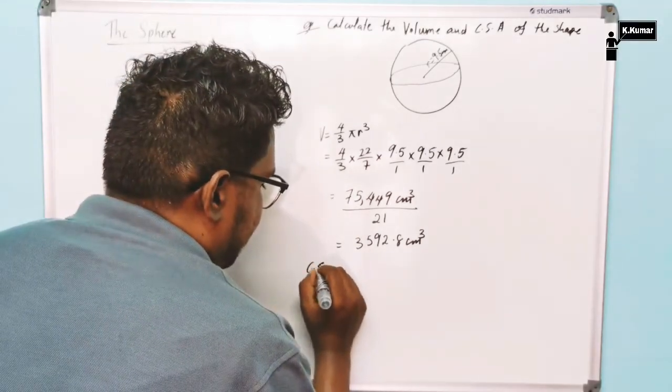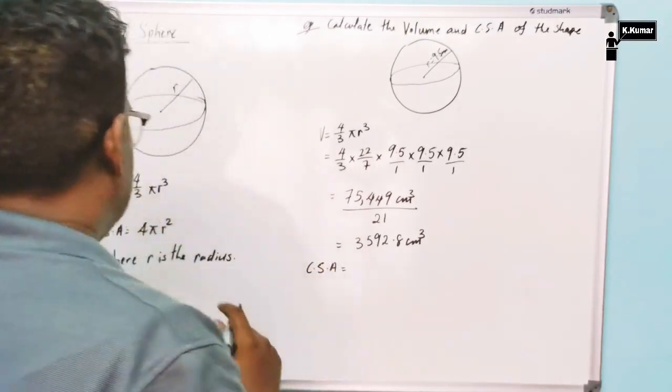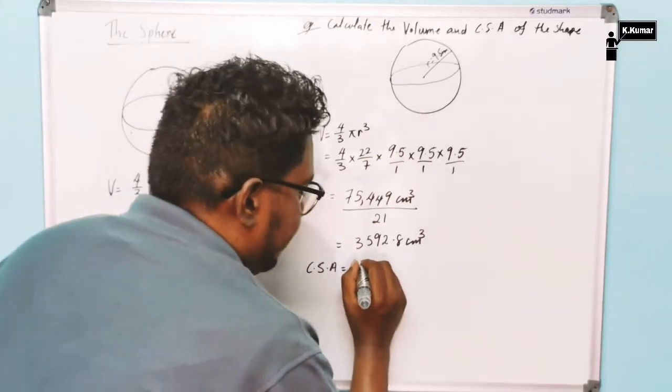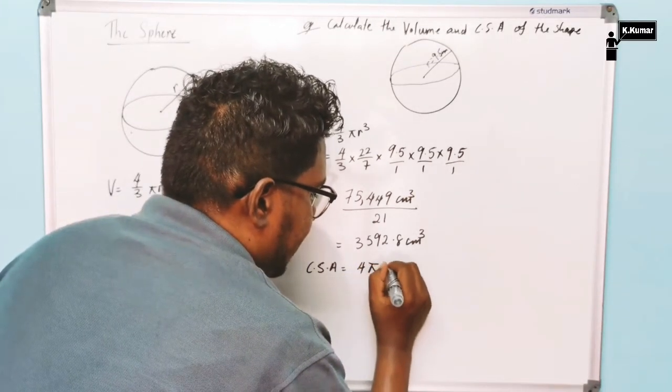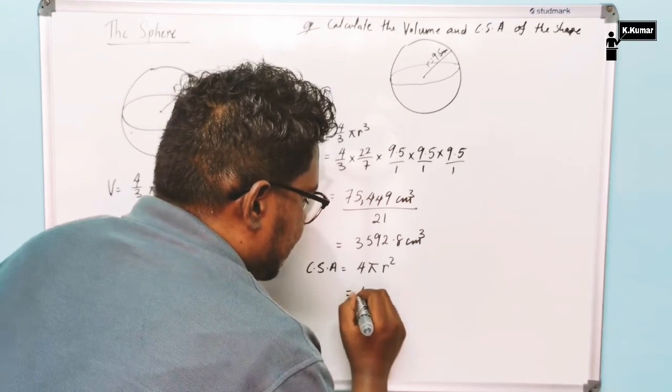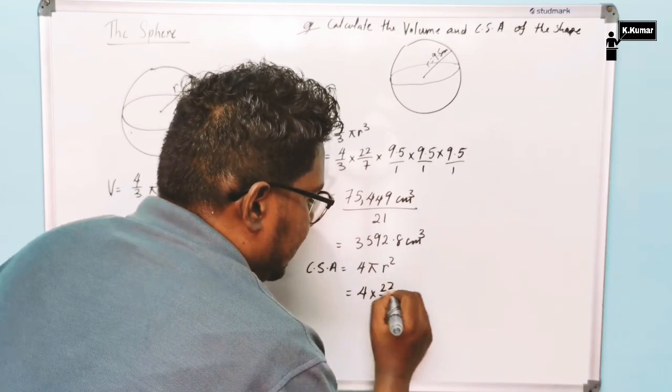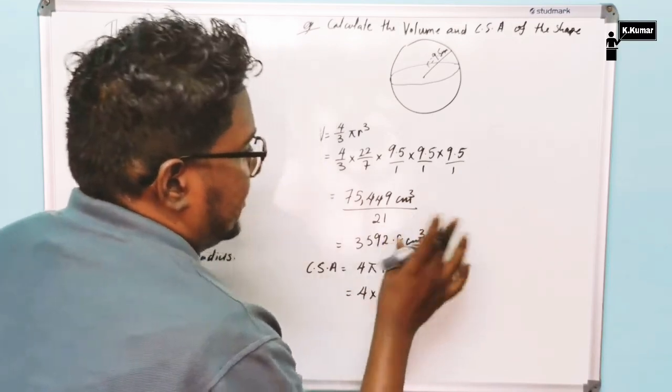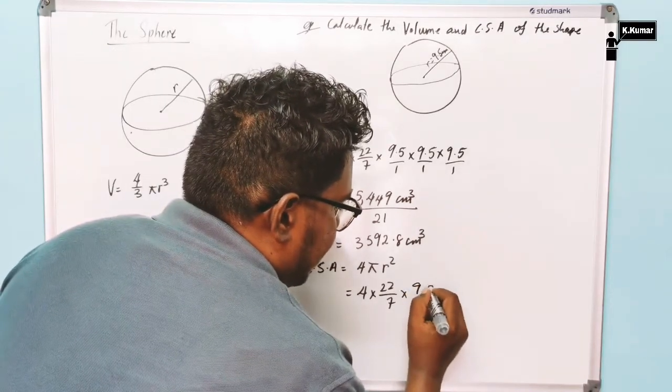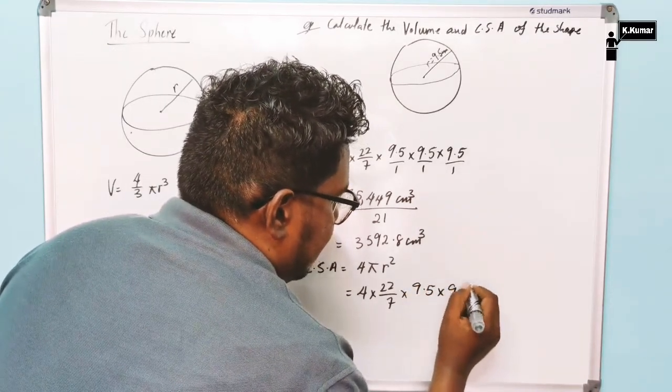So let's find the curved surface area. The formula is 4 pi r squared. That's going to be 4 times 22 over 7 times r squared, which is 9.5 times 9.5.